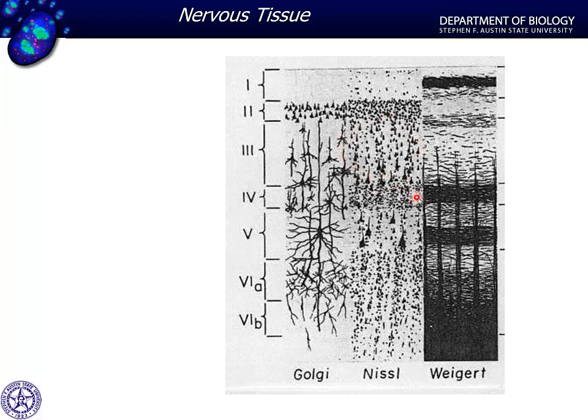That's our external pyramidal. Once again, we have the small, very numerous internal granular layer. Then we have our very large pyramidal cells, our internal pyramidal, multiform layer, and then we get into our white matter, which is beneath.